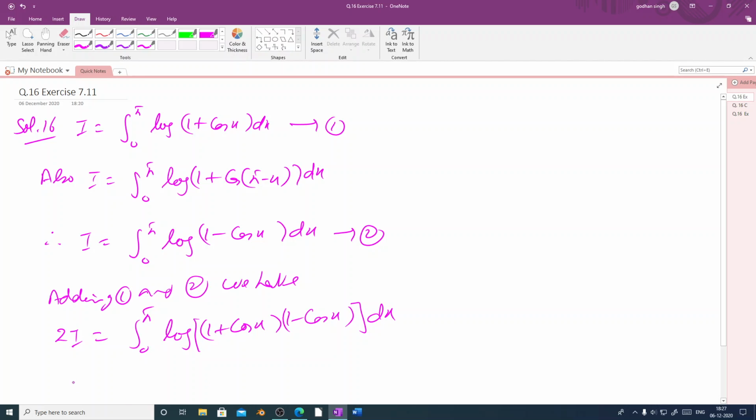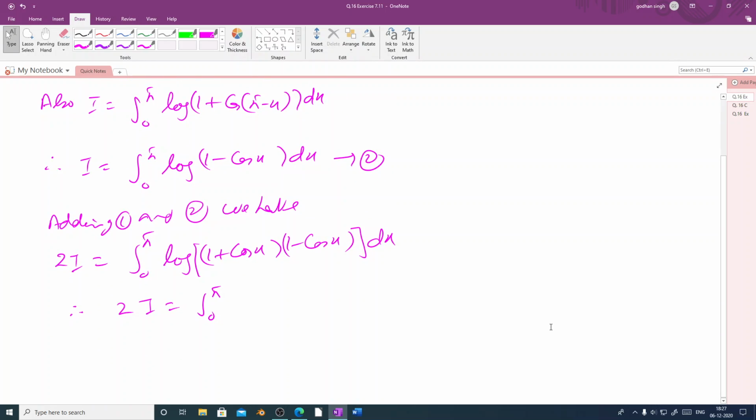Therefore 2I equals the integral from 0 to pi of log, and we know that (1 plus cos x) into (1 minus cos x) is 1 minus cos squared x, and that is sin squared x, so we can write this as log sin squared x dx. Whenever a function inside a log has a power, that power can come out.